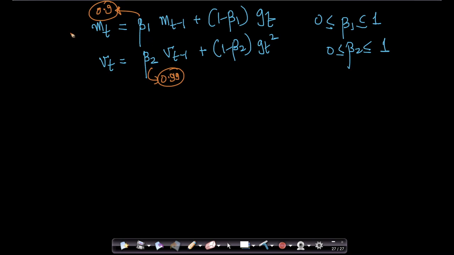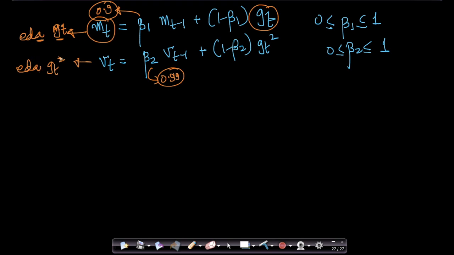So what are we doing here? This is nothing but the exponential decaying average of g_t, and this is the exponential decaying average of g_t squared. If you don't have exponential decay, the simple average of g_t is the mean, that's why we write it as m_t.